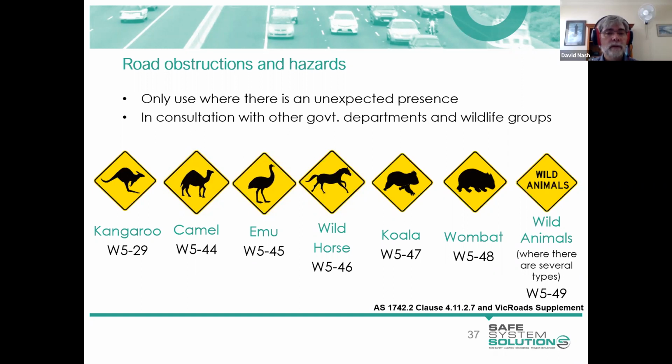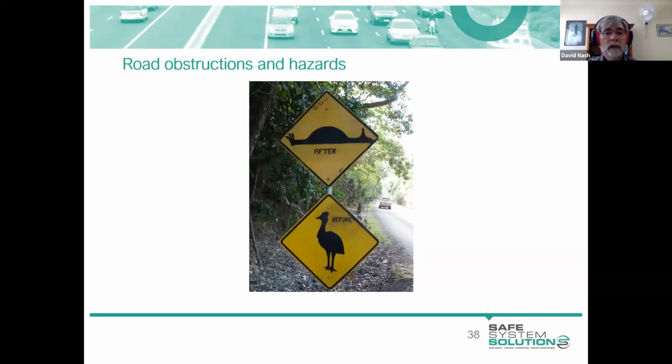Otherwise, you end up with warning signs across the whole network. So not an easy issue, but that's the general idea. And in Queensland, of course, someone has a good sense of humour in trying to indicate the problems with cassowaries.